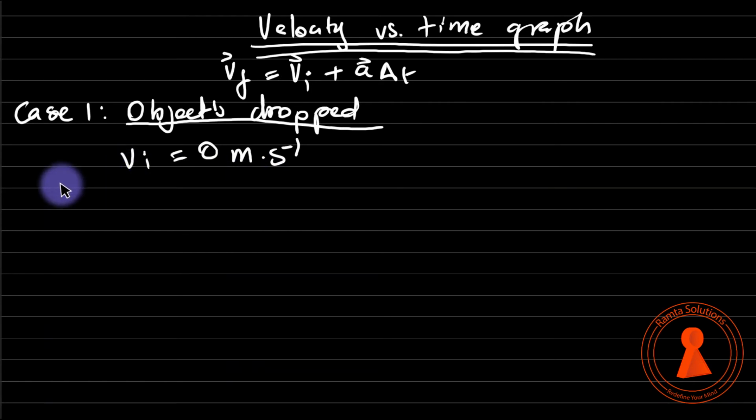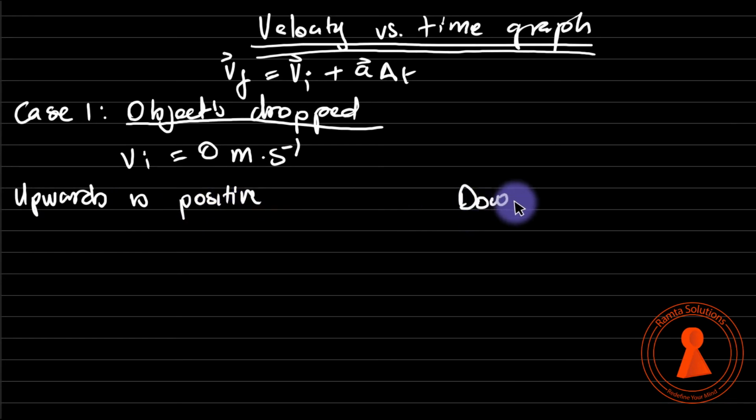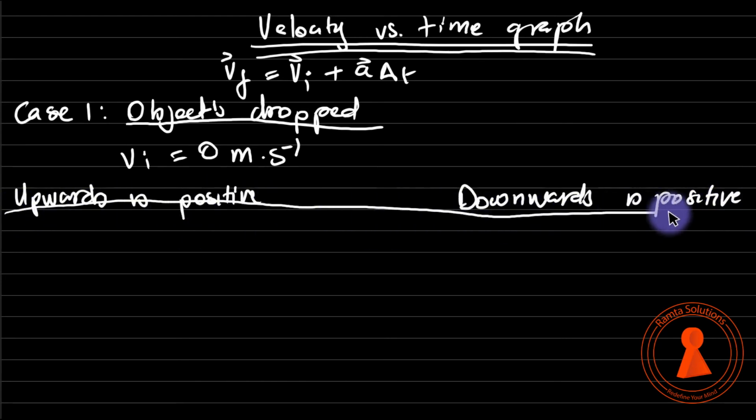Because these are vector calculations, you must choose a positive direction. So on the left hand side, let me choose upwards to be positive. And then on the right hand side, let me choose downwards motion being positive. Let's see how our graphs look when these directions are chosen.